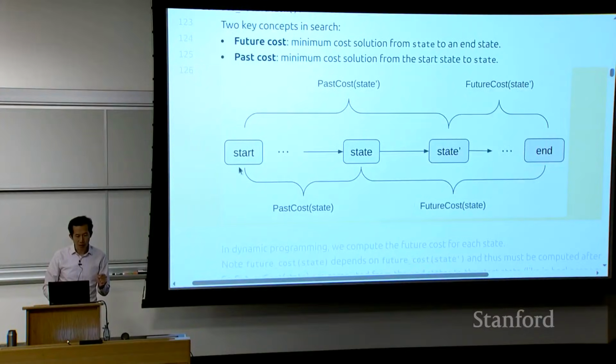If you're at a particular state, you can look backwards, and that gives you the past cost. What is the best way to go from start to that state? And you can also look at future cost, which is the best way to go from that state to an end. So each state has a past cost and a future cost. And of course, future cost plus past cost gives you the best solution that goes through a particular state.